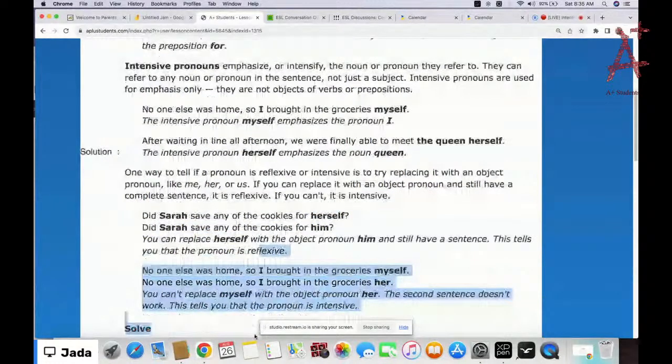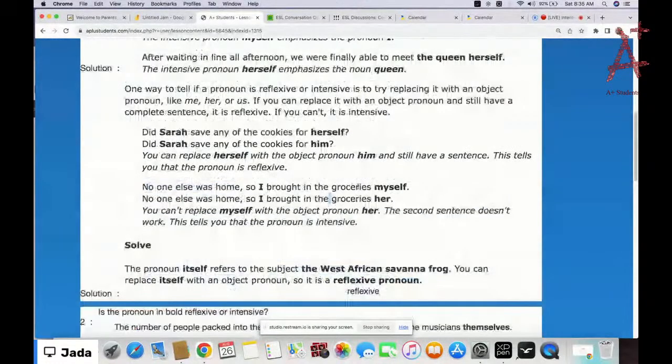No one else was home, so I brought in the groceries myself. No one else was home, so I brought in the groceries for her. Okay? If you replace myself with the object pronoun her, the second sentence doesn't work. It doesn't make sense, right?